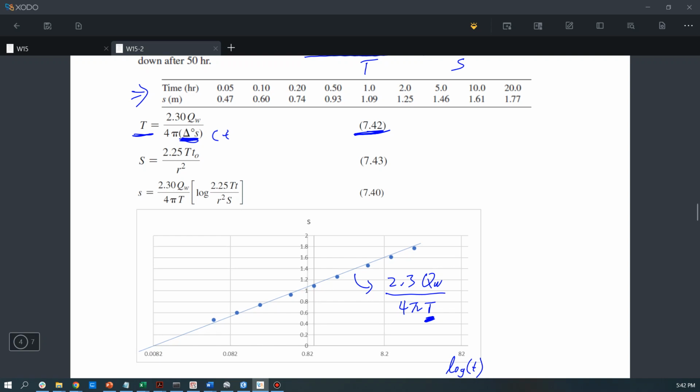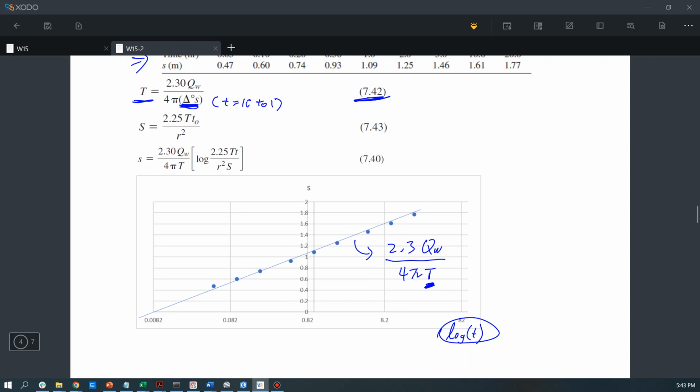is a drawdown difference between t equal to 10 to 1, because we have a log scale here. So in this log scale, between t equal to 10 and 1, log 10 is 1, log 1 is 0, so the difference is 1 on the axis of this figure.